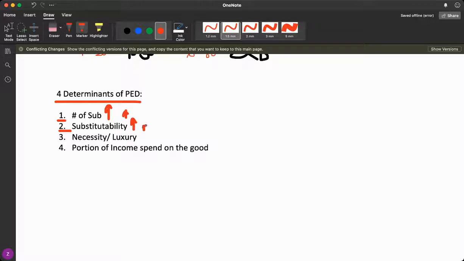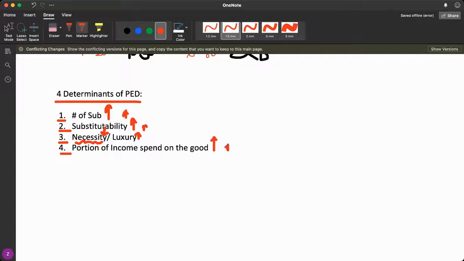Thirdly, if the good is a necessity, the PED value will be lower compared to a luxury good, since people will demand the goods no matter what. Just remember the cancer drug case that we have already covered. People will buy those medications to survive no matter how much the price changes. And lastly, the higher the proportion of one's income needed to buy a certain type of good, the higher the PED value.